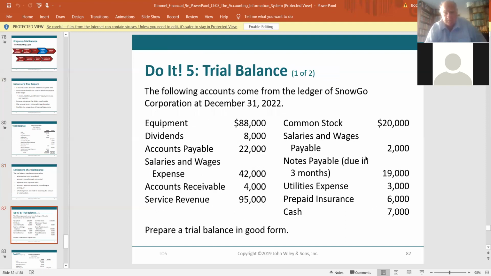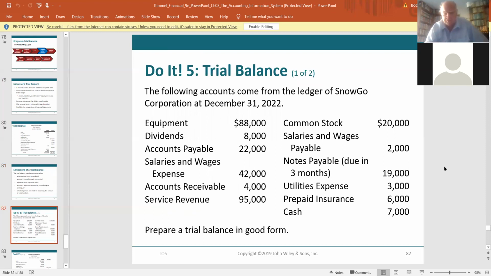And here, prepare a trial balance from this information. Well, we decided that we start with assets, right? And the assets and liabilities are always in the same order of what's called liquidity, meaning the ease with which you can turn an asset into cash. I'm getting way ahead of us with that, but let's just take a peek. They want us to prepare a trial balance.